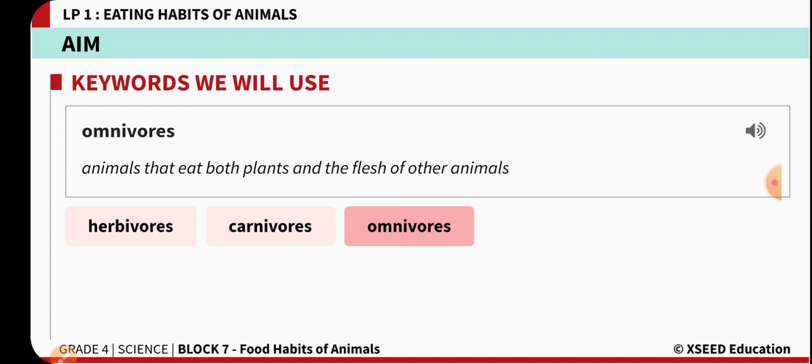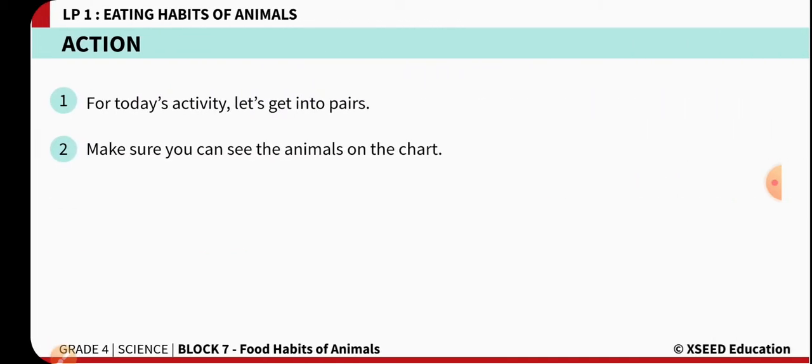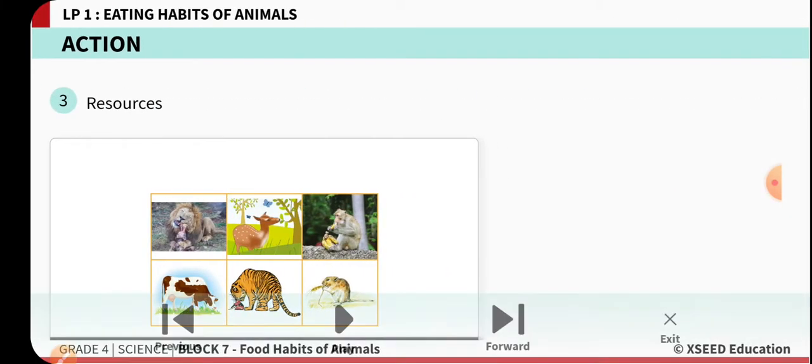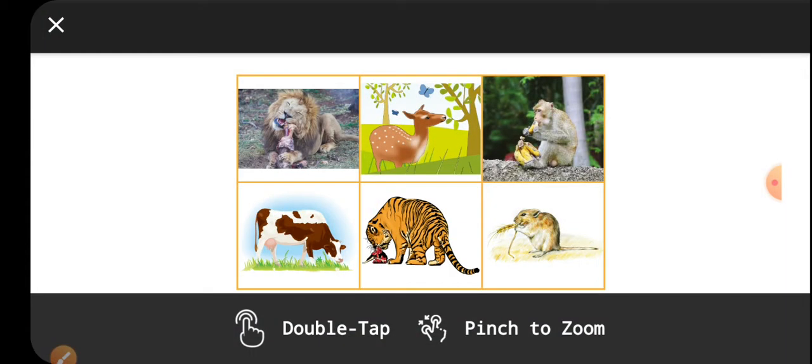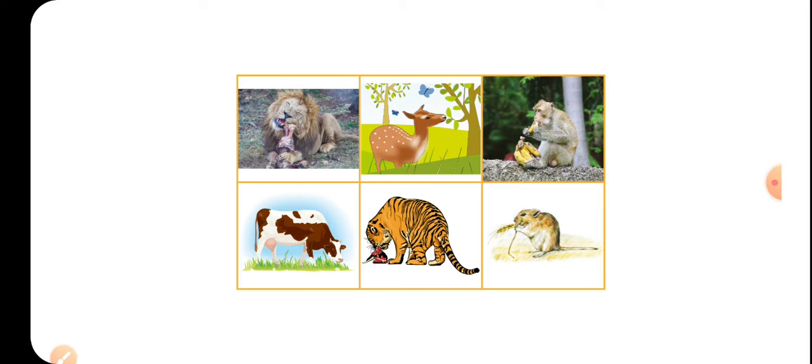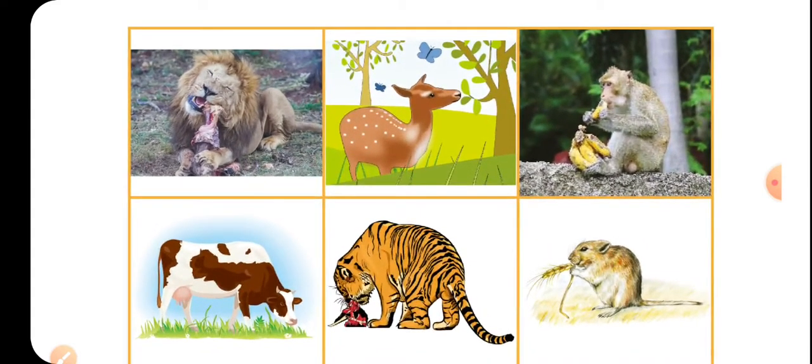To understand these keywords, let us do a small activity, children. For the activity, please collect and paste pictures of different types of animals with different eating habits in your classwork, like the ones in this picture.